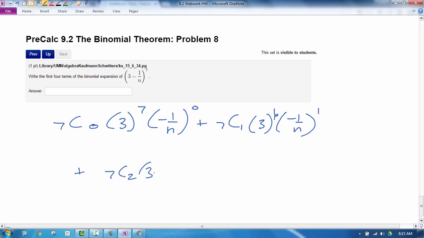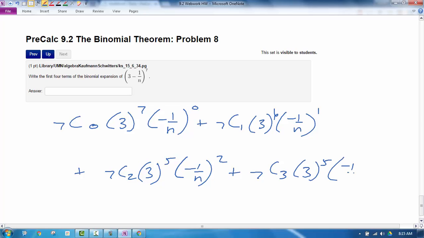And then we have 7c2, 3 to the 5th, negative 1 over n to the second. And then one more, 7c3, 3 to the 4th, negative 1 over n to the third. There's the first 4 terms.